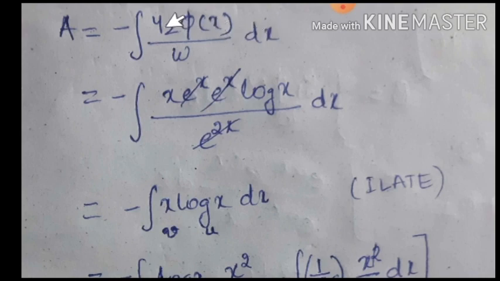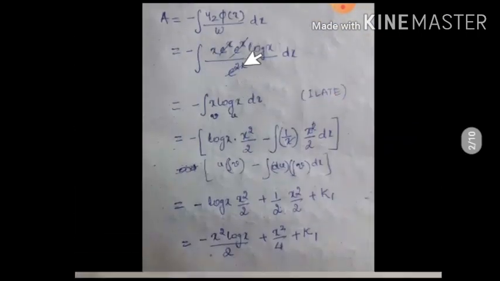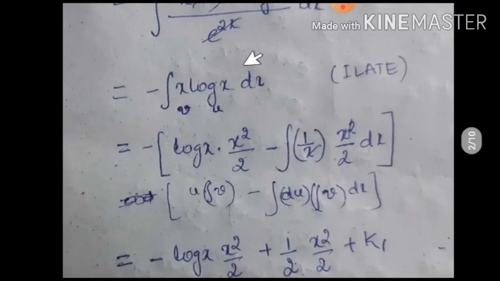So y2 is x into e to the power of x. Which one is phi of x? See, y2 is x e to the power of x. Phi of x is nothing but the right hand side of the differential equation, that is e to the power of x into log x. So that substitution we are doing here.